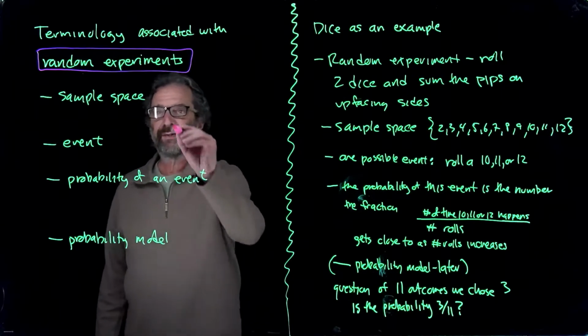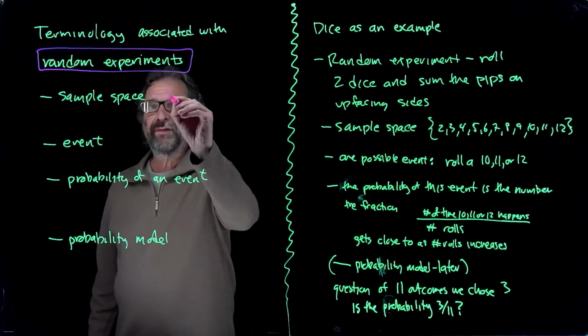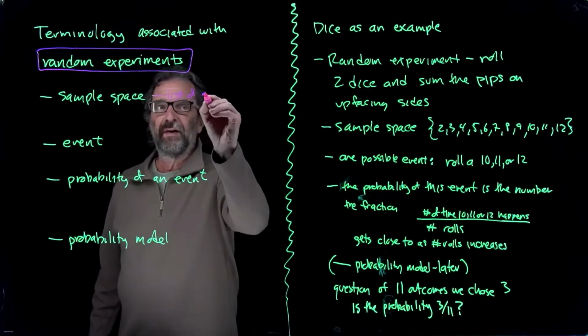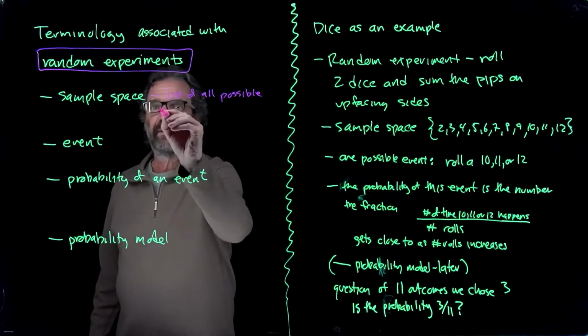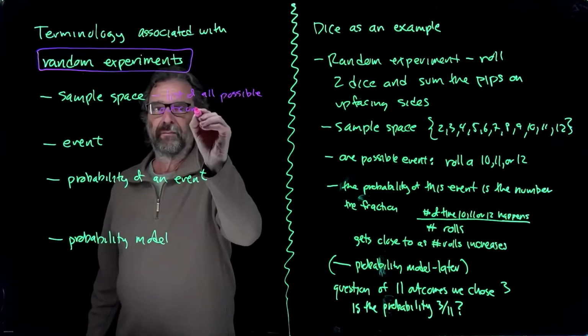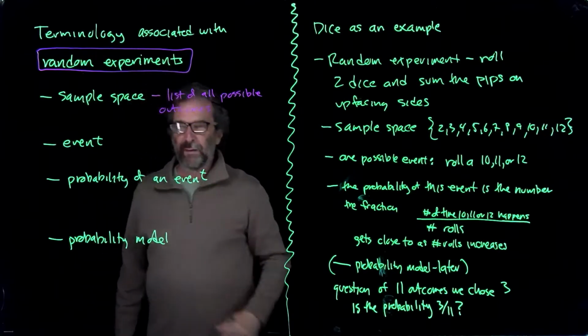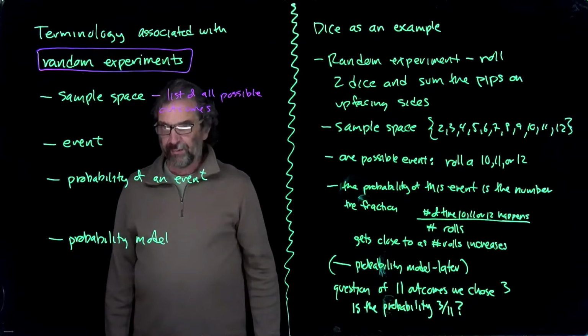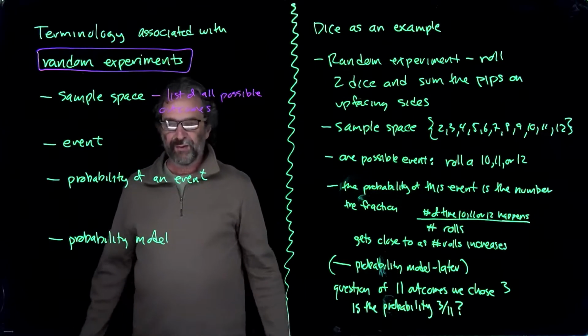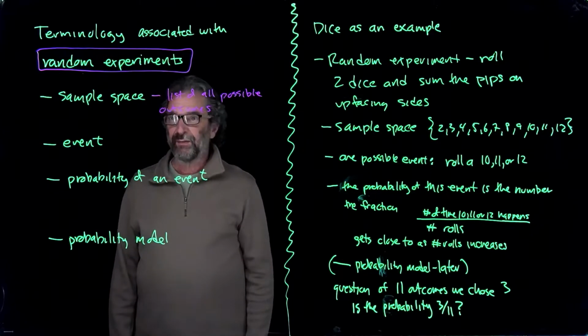The sample space is a list of all possible outcomes. Sometimes that list is finite, only has a finite number of things that can happen, but sometimes that list corresponds to an interval in the real line.